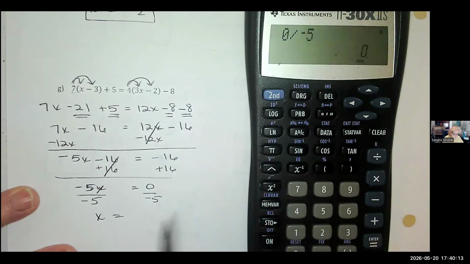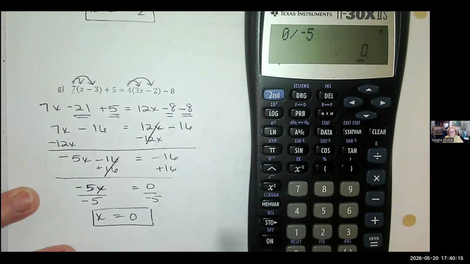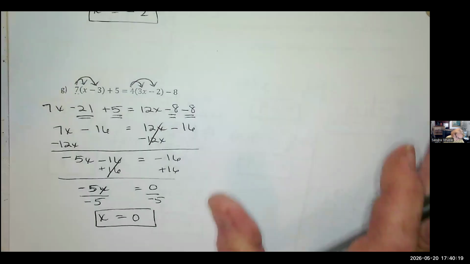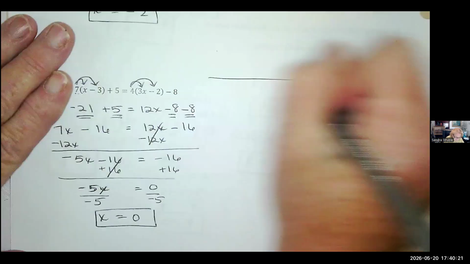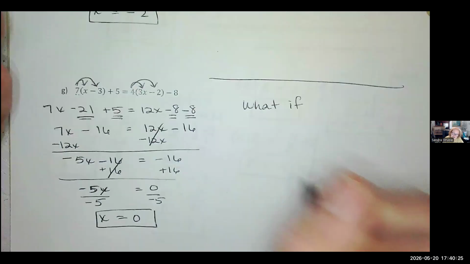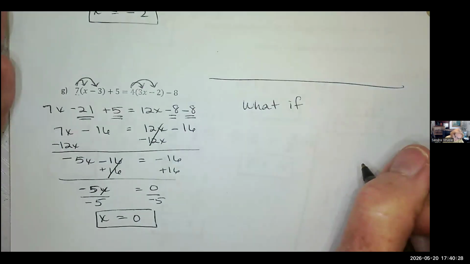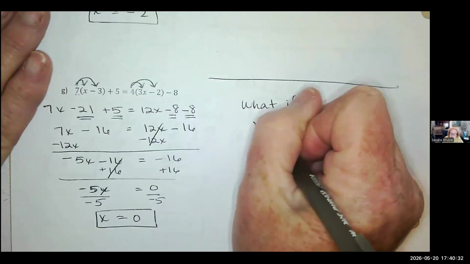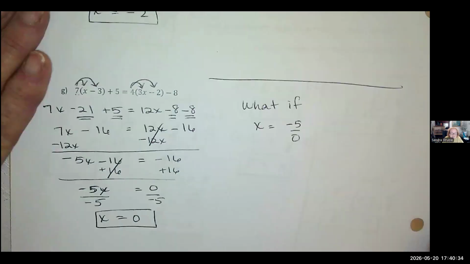Now, what if, I know this is not the case now, but what if instead of having x is equal to 0 over -5, what if we had x is equal to -5 over 0, or any number over 0? Put it in your calculator. You'll get a syntax error.